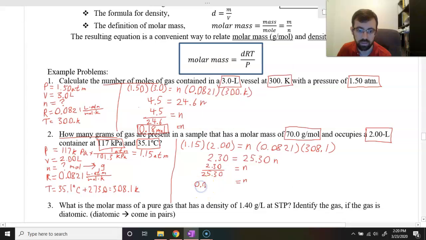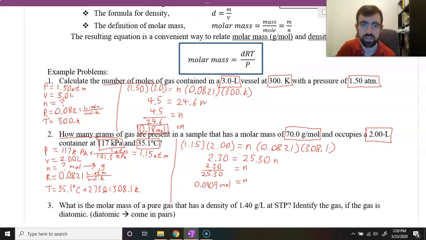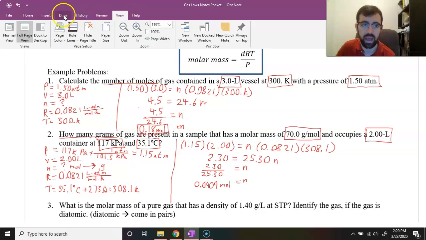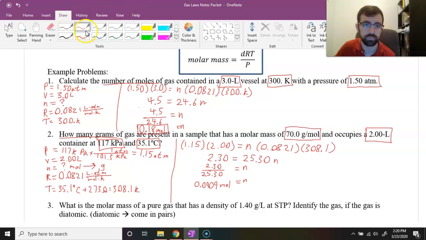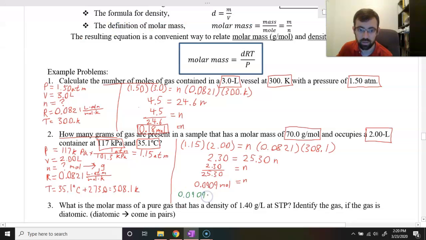0.0909 moles. Remember, we're not done yet. I've got to convert it to grams. So 0.0909 moles. I need to turn it into grams, so we're going to have 1 mole on the bottom and grams on the top. Where does that number come from?